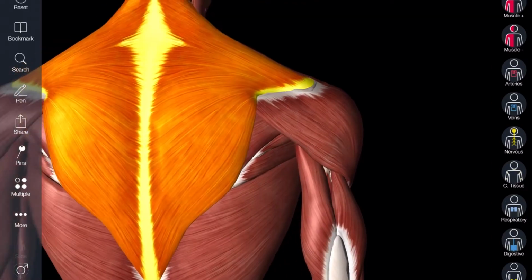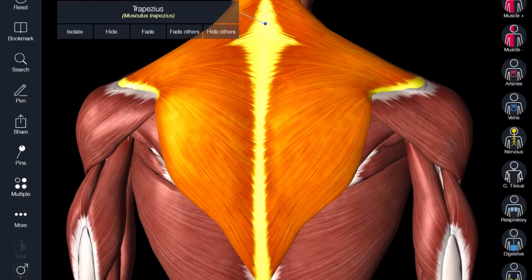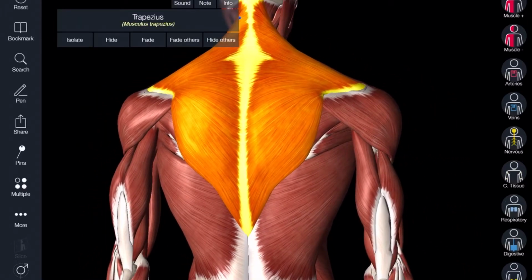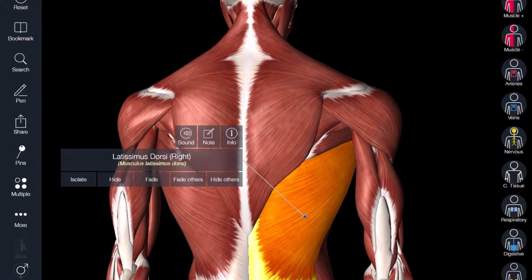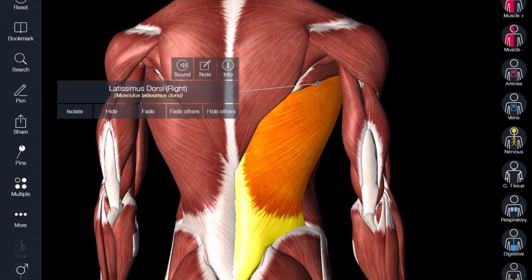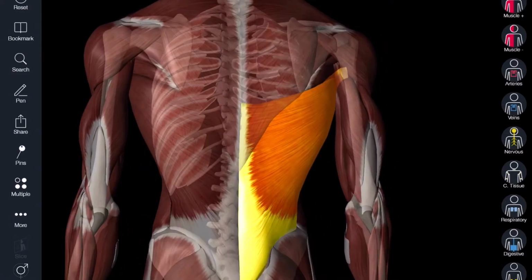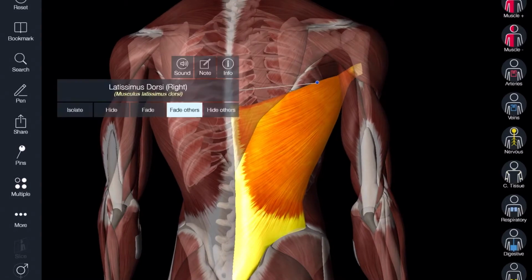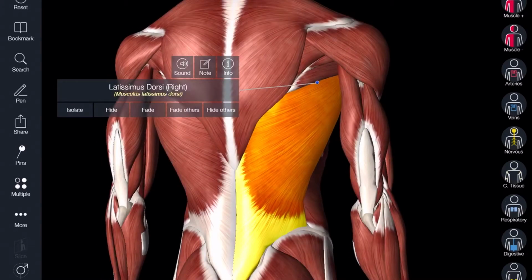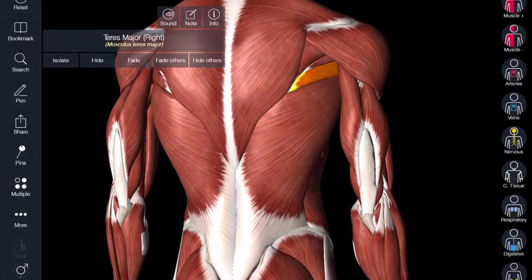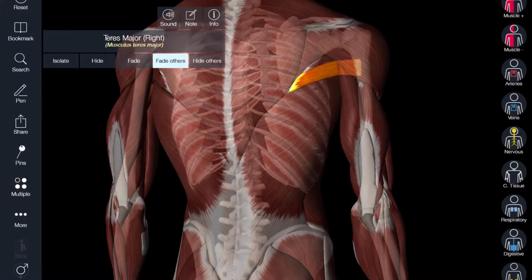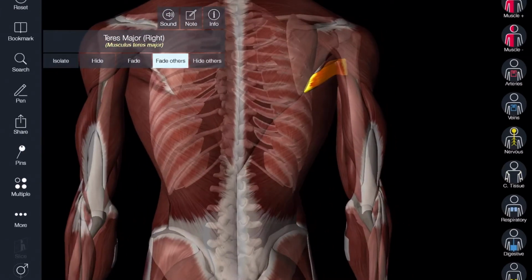When I indicate the trapezius on the app, for whatever reason, it shows it as if it's one muscle. It's not one muscle. There's a right trapezius and a left trapezius. So deltoid, trapezius, latissimus dorsi we're looking at today. Let's fade the others and get a better view of that guy. There's latissimus dorsi, and then its helper muscle, teres major. Okay, those are the muscles we're looking at today.